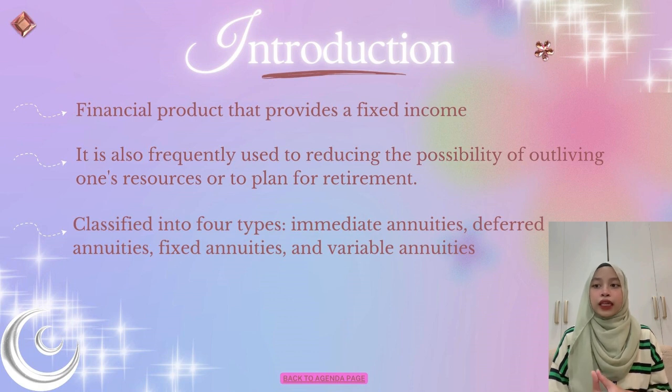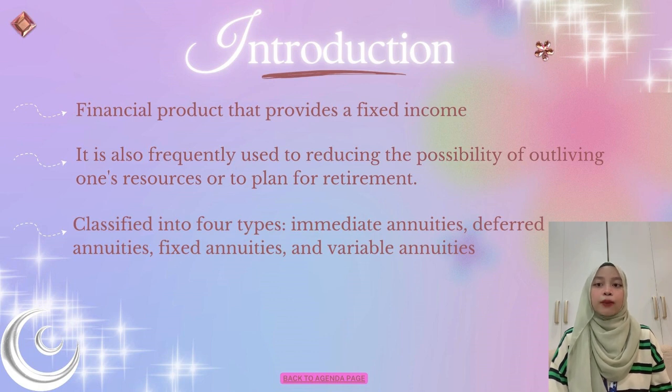The first one is immediate annuities. This payment method is when the client starts being paid as soon as the client makes a deposit. The second one is deferred annuities.